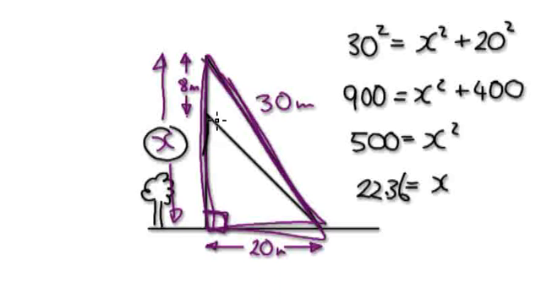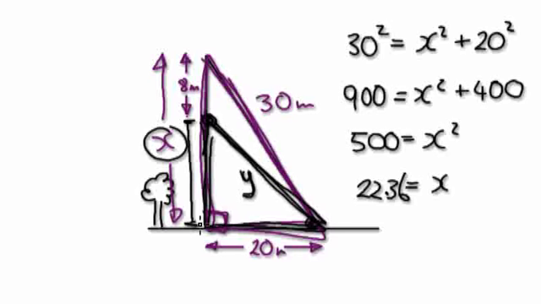Now you've got to look at the small triangle. In order to find out the length of the second cable, which we will call y, you've got to look at the smaller triangle here. So we've got a triangle within a triangle basically. Looking at this small triangle here only, we want to know y, but we need to know this height here.